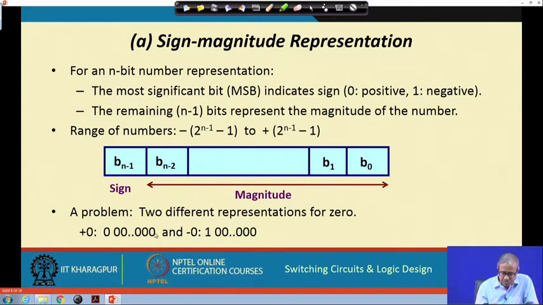So, these will be all zeros, but the sign can be either 0 or 1, it does not matter, because one will indicate plus 0, other will indicate minus 0, but technically speaking both are zeros, right. So, one drawback of this representation is that we are wasting one bit pattern, using up 2 different bit patterns to represent the same number 0. Okay. This is one small drawback in this representation.